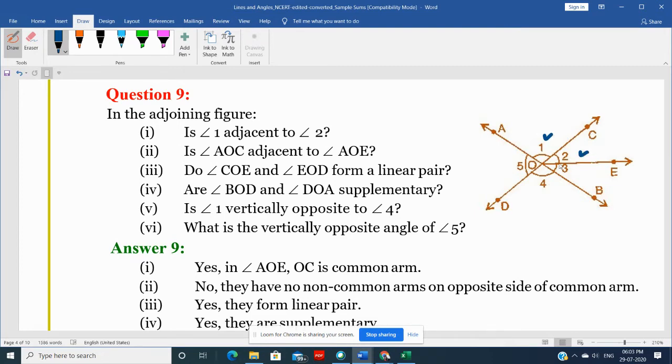Yes, of course, because all the properties of adjacent angles are agreeing: one common arm, non-common arms on either side, and one common vertex.